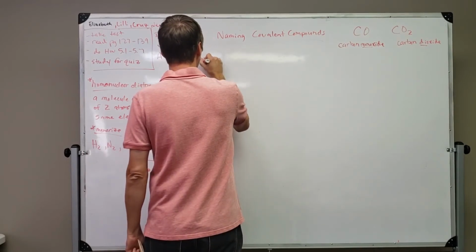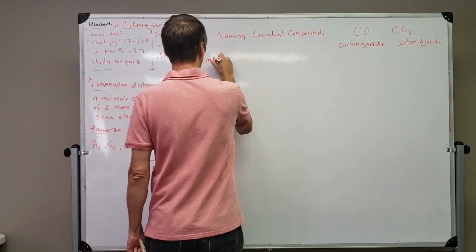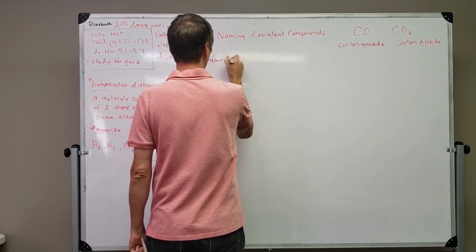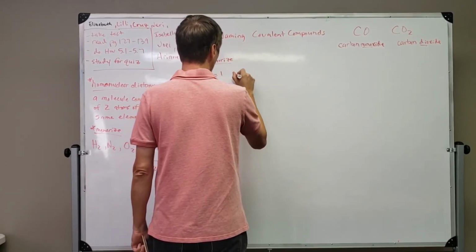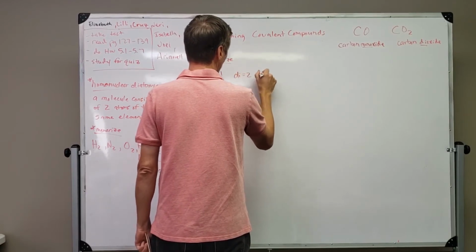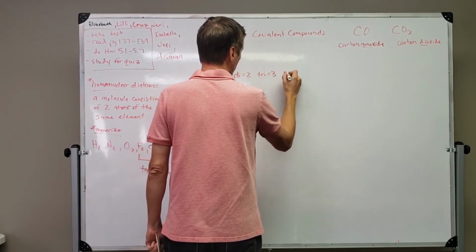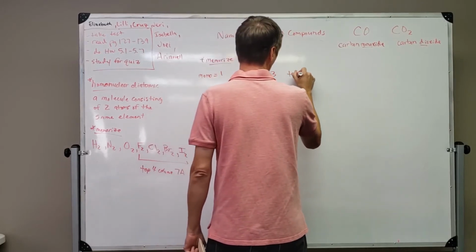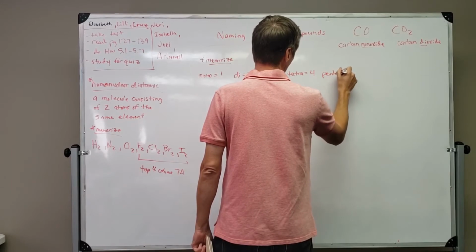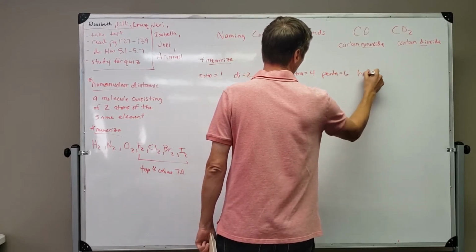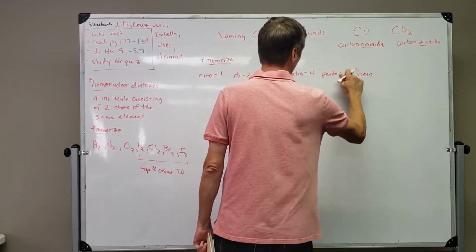And you need to memorize 6 prefixes for this class. All right, so memorize that mono equals 1, di equals 2, tri equals 3, tetra equals 4, penta equals 5, and then hexa equals 6.